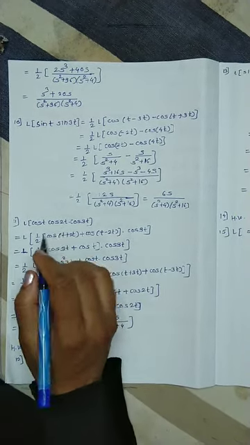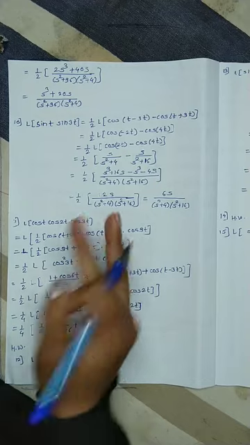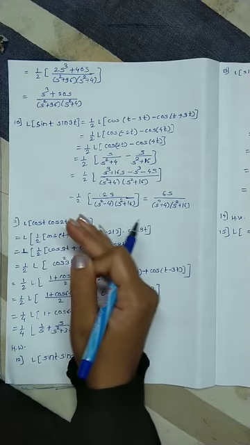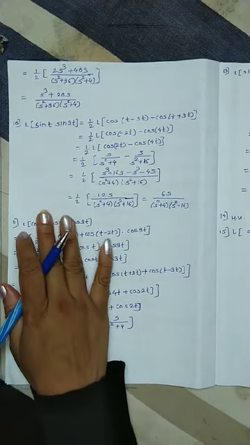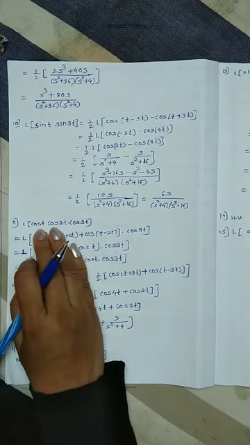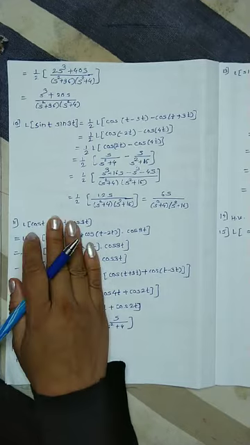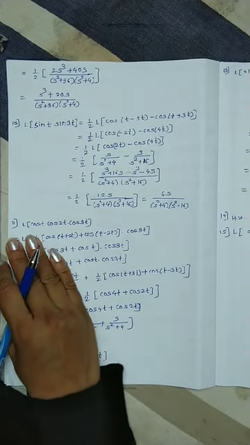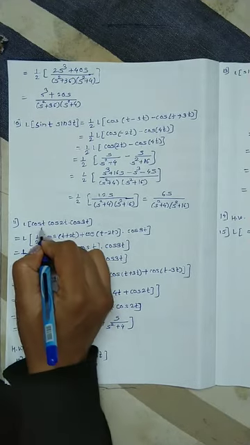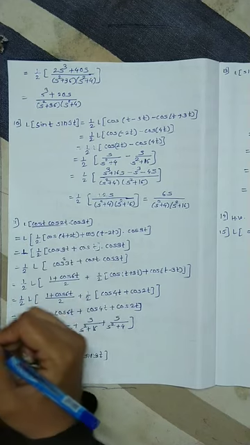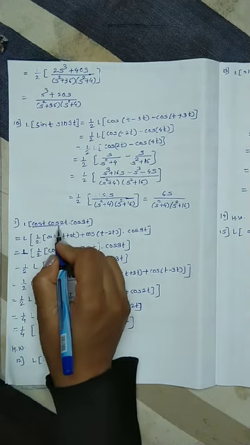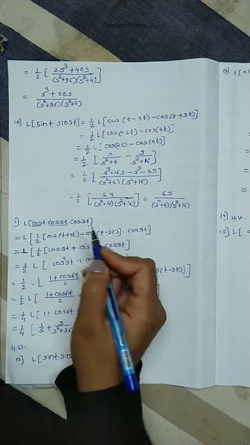Now another case, they can combine three terms like cos, cos, cos. Consider this example where three trigonometric terms are there. The way of solving this example is very simple. Just combine any two terms. You can combine cos 2t into cos 3t also.